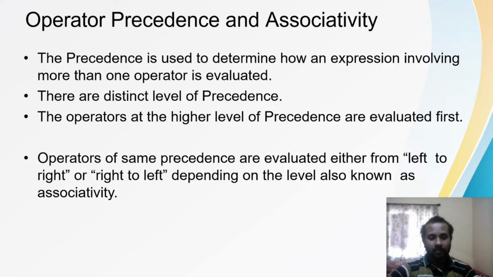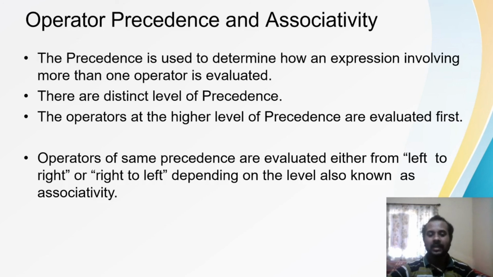Whether I have to execute plus or multiplication, which one I have to execute first is decided by the precedence. The operators at the higher level of precedence, that is, the highest priority, will be evaluated first.